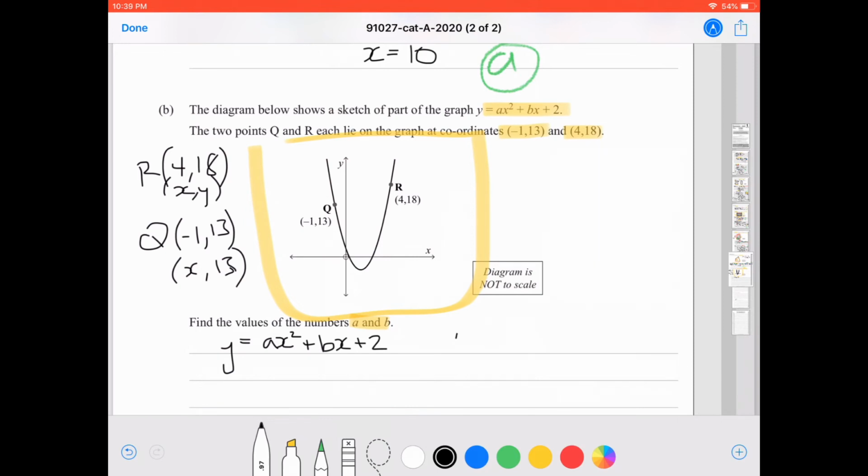So working with R first of all, which is 4, 18, we can say 18 equals, because that's y, a times 4 squared plus b times 4 and then plus 2. Okay, Q is negative 1, 13.